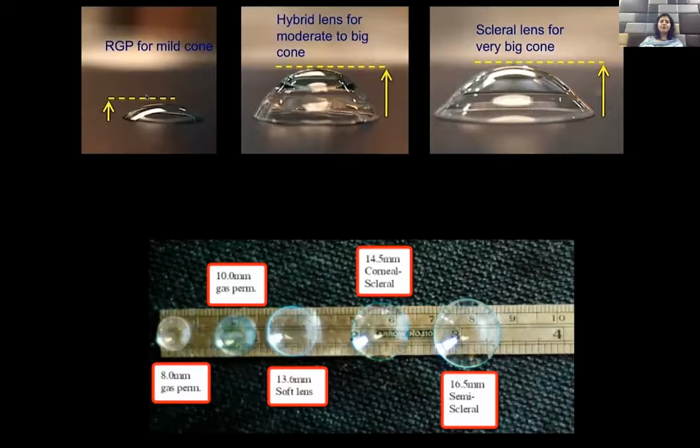So the first picture has a rigid contact lens, which may be 8 to 10 mm and it's used for the early cases. However, as the severity of keratoconus increases, you may have to go for hybrid contact lenses, which could be a combination of a soft and a hard contact lens. And for the very advanced cases, you have something known as scleral lenses, which could be 14.5 to 16.5 mm.